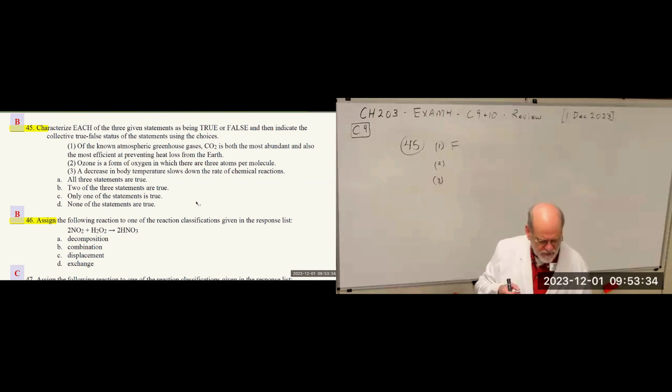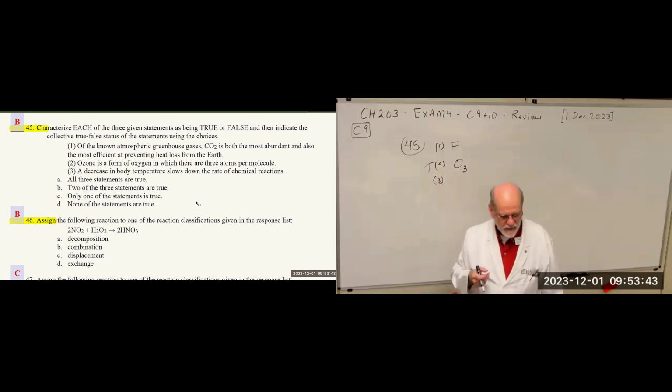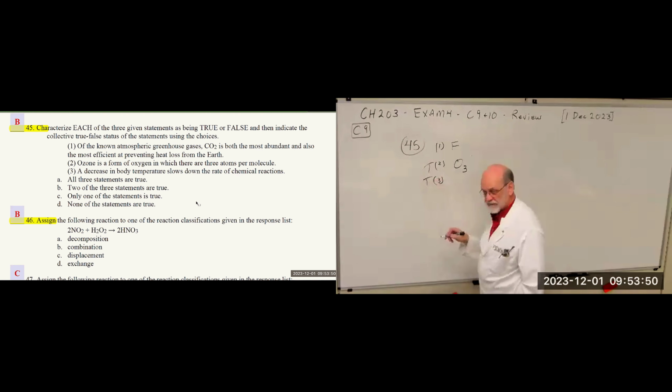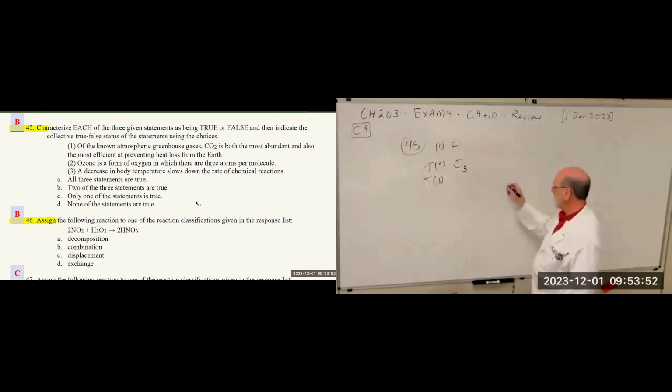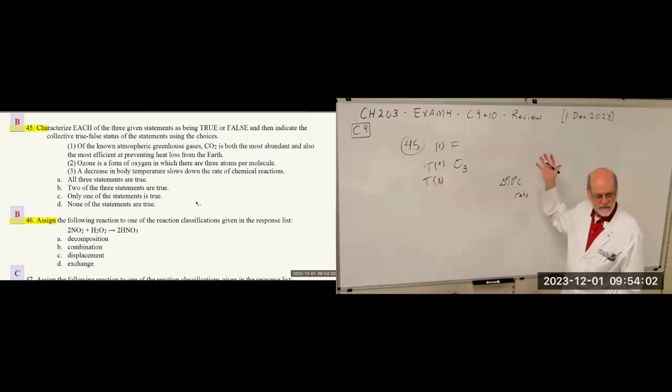Ozone is a form of oxygen in which there are 3 atoms per molecule. That's true. That's ozone. Okay, so that one's true. A decrease in body temperature slows down the rate of chemical reactions. Yeah, that's true. In fact, the rule of thumb is that if you increase the temperature by 10 degrees C, you get a rate doubling on average.